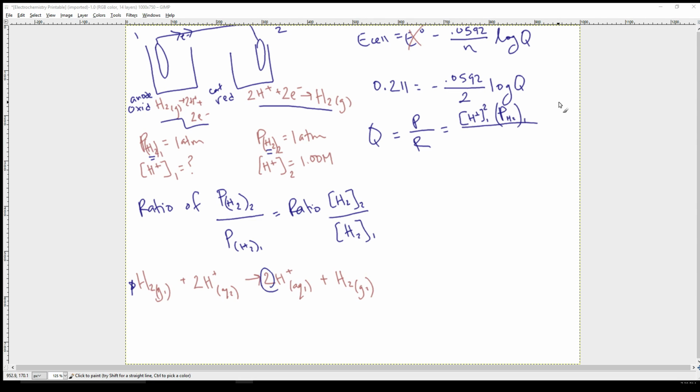No, that's a 2. Cell 2. And then I'm going to use the concentration of my hydrogen ion from cell 2, and this one is also squared, times the pressure of my hydrogen gas. This one's in cell 1. So that's products over reactants.